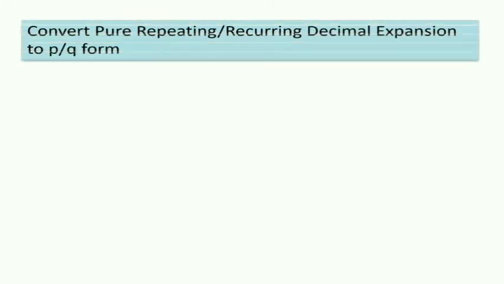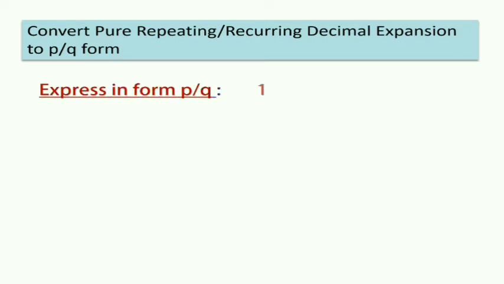Now we discuss how to convert from repeating decimal to p by q. Now let's look at a mathematical example. Express 12.23 bar in the form of p by q. Let x equal to 12.23 bar.